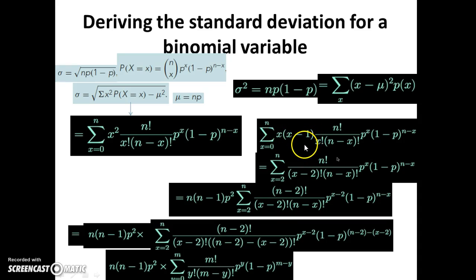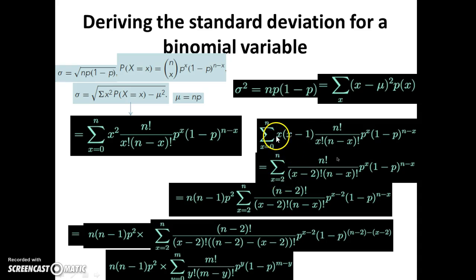And that also is going to cause me to lose one of the np part because I subtract it. But I'm going to add it at the end. It's okay. So in here, when I plug in 0 for x, the whole thing is going to be 0. When I plug in 1 for x, the whole thing is going to be 0. So I will not start from 0. I can just start from 2, like that in here.